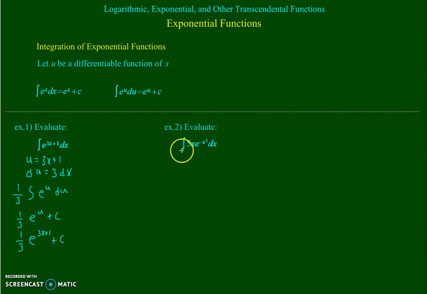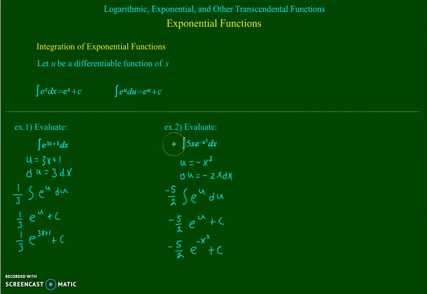So here we're looking for the integral of 5x e to the negative x squared. So again, we're going to set our u as negative x squared, and I think you'll see that we'll have a pattern that we can match. So if we choose u as negative x squared, du becomes negative 2x dx, so that negative 1/2 is going to come out in front, but it's also going to combine with this 5.